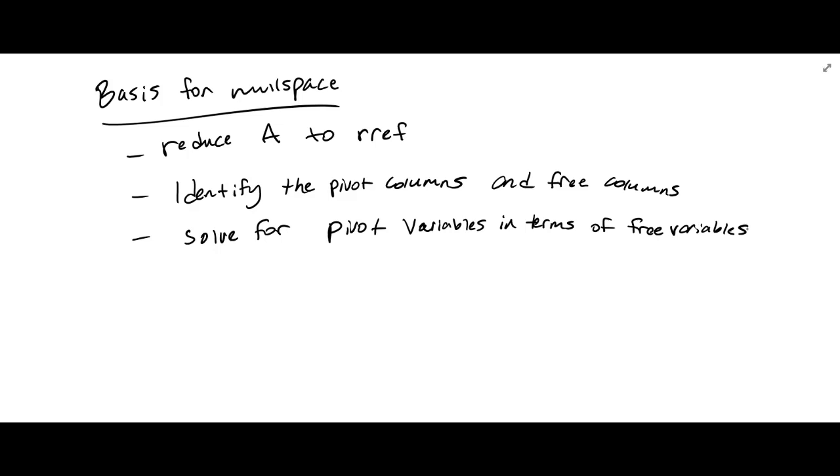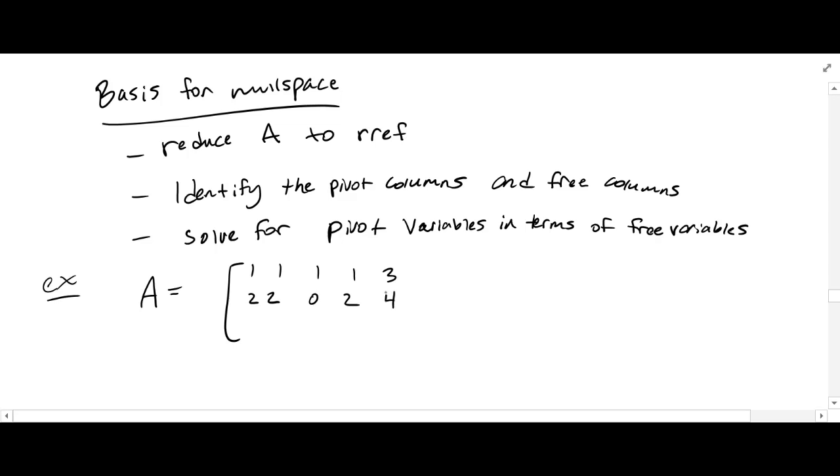So for example, take this matrix: 1 1 1 1 3, 2 2 0 2 4, 2 2 -2 1 3. So it's a 3 by 5 matrix.